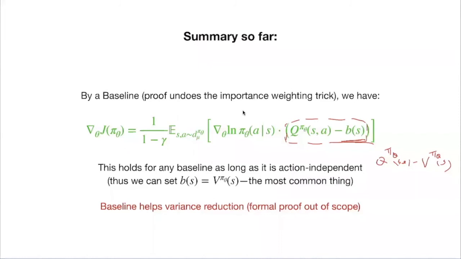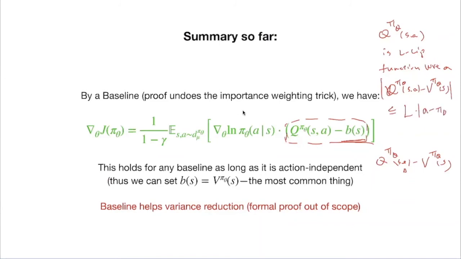In the sense that your system might actually be Lipschitz continuous, meaning you're taking an action A and the difference is not that big. So imagine the case where this is an L-Lipschitz function with respect to A. Then Q pi theta(S,A) minus V pi theta(S) is bounded by the Lipschitz constant times the difference between A and pi theta(S), roughly.